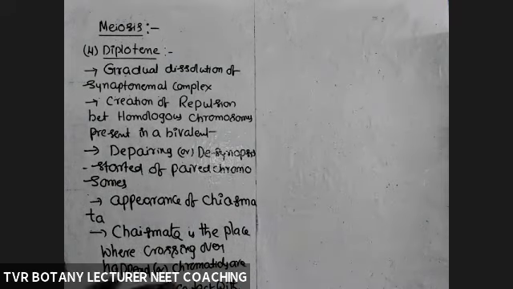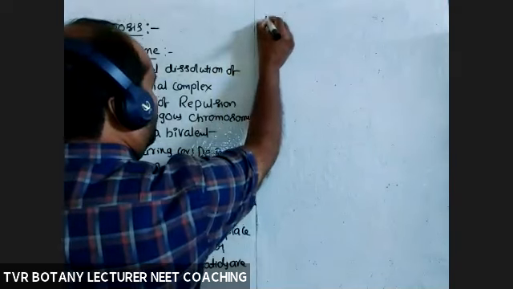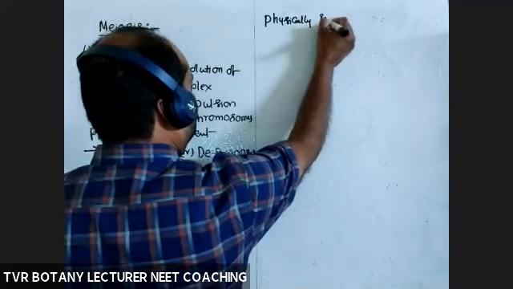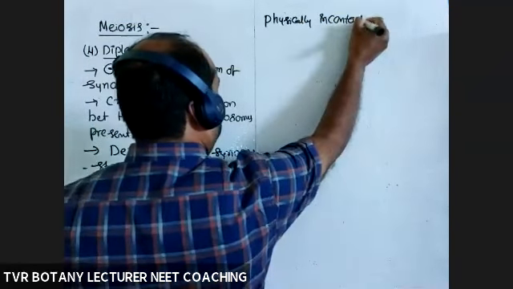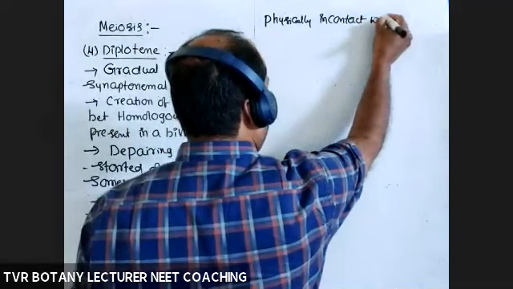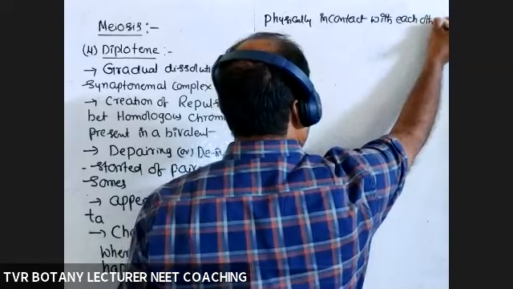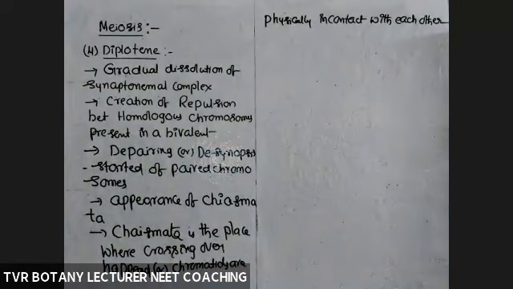Okay, crossing over happened, or chromatids are physically in contact with each other. Okay, so that is about diplotene.